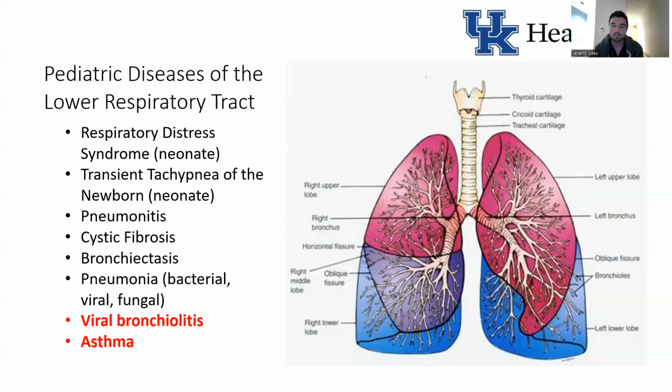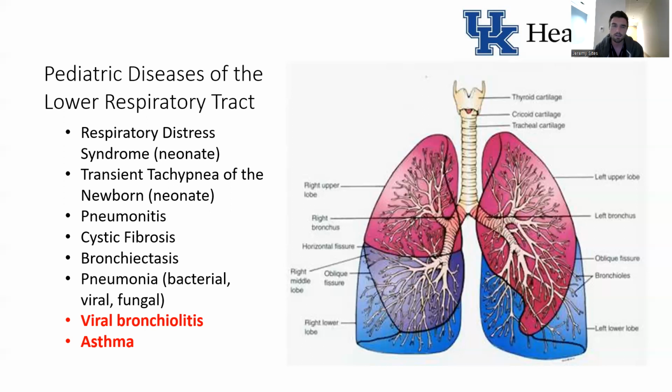But here on the left side, you'll see a list of common respiratory tract diseases. Pretty much all of these are infectious. I take that back. RDS, transient tachypnea of the newborn, those are typically not infectious.